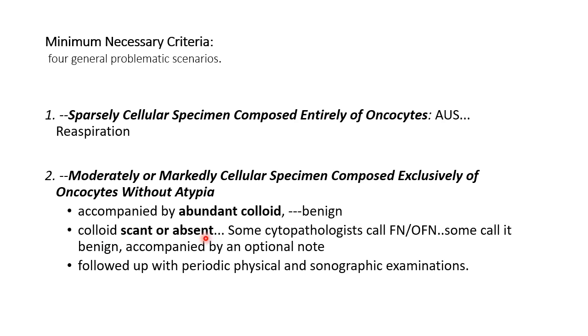But if you have scant colloid or absent colloid, then some pathologists can call it follicular neoplasm or oncocytic follicular neoplasm, and some prefer to call it benign accompanied by an optional note. And these cases should be followed up by periodic physical and sonographic examinations.